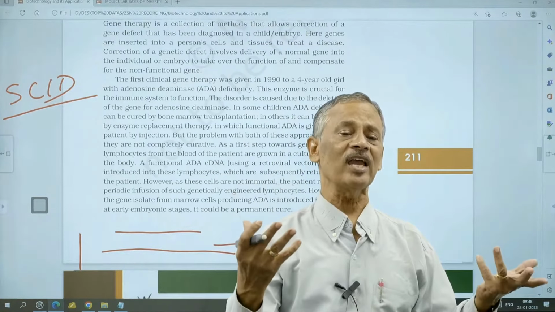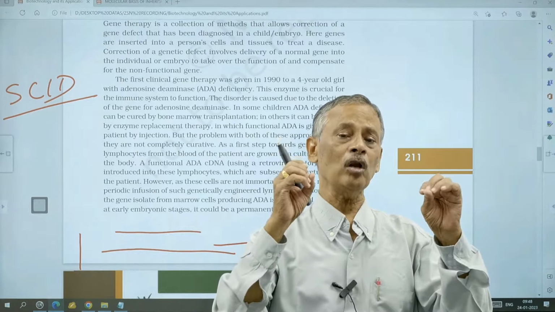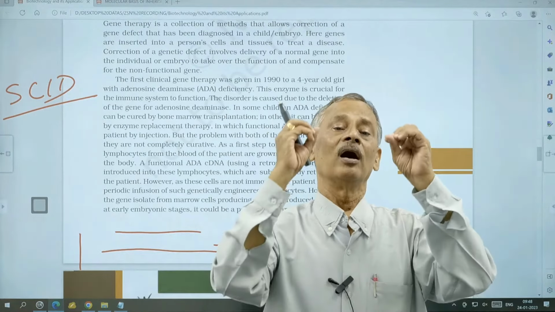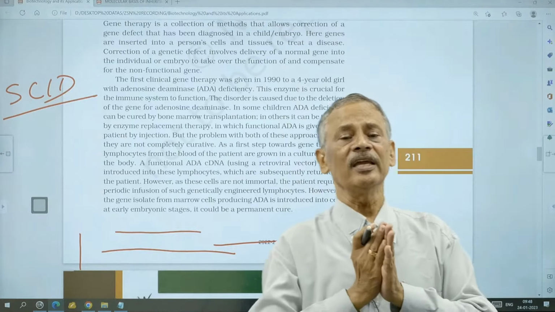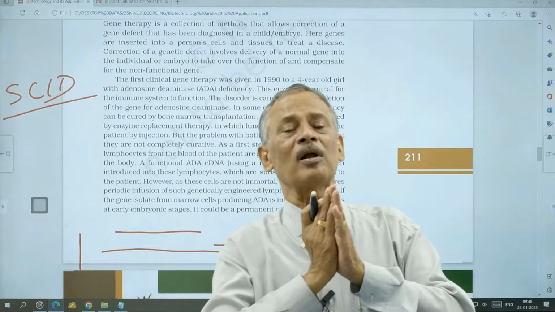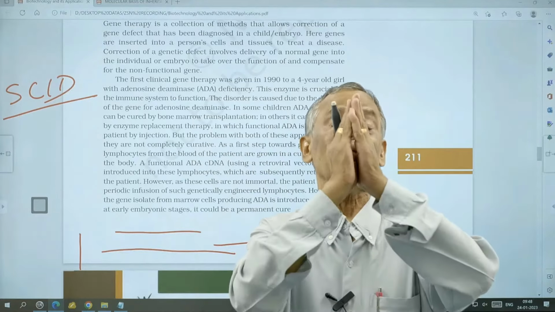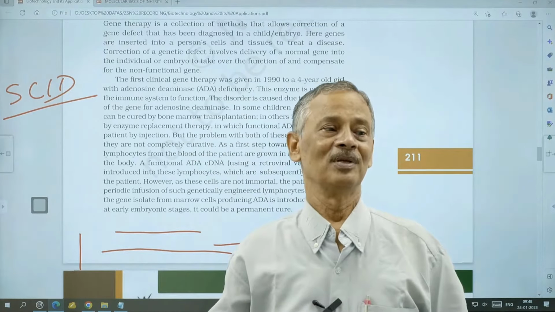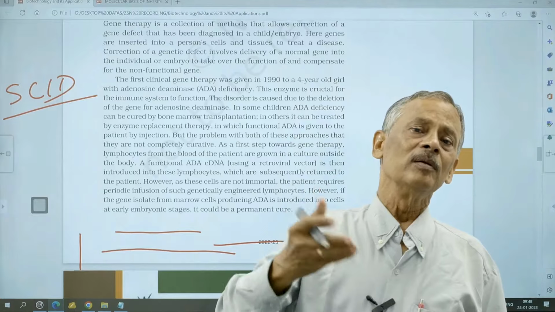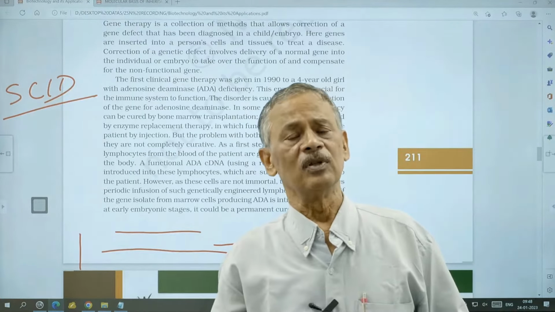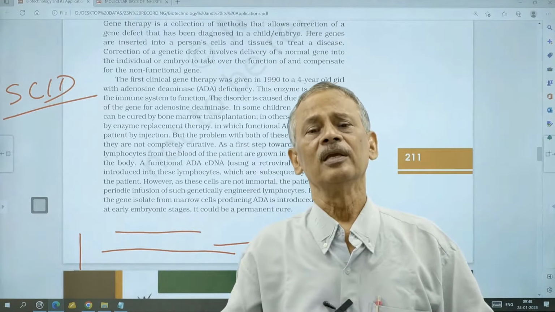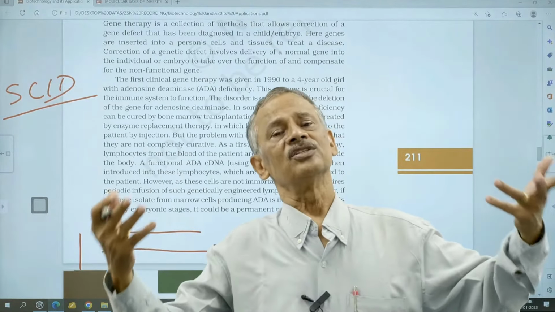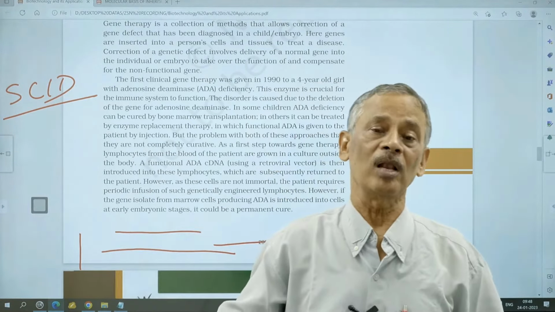ADA is an enzyme that is highly essential for the production of nucleic acids. In the absence of the ADA enzyme, nucleic acid multiplication, duplication cannot occur. That is the problem. So the ADA gene was now functioning in her body, started producing the ADA enzyme, and she had normal immunity.